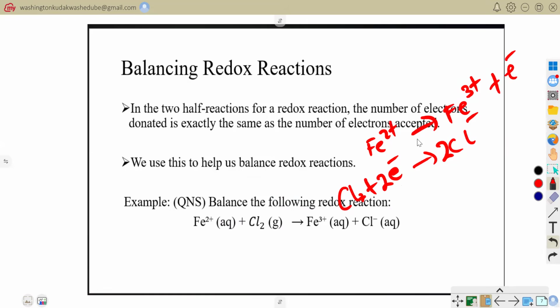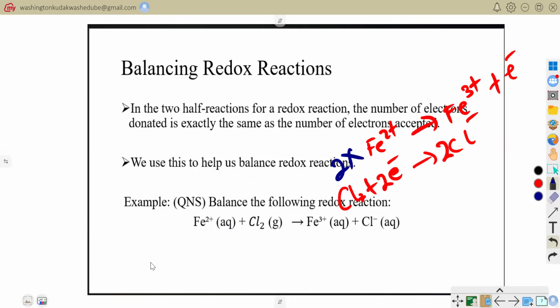So now we have got these half reactions. But you would see that the number of electrons being gained by chlorine are more than the number of electrons being lost by iron. So we now need to balance electrons here. What do we do? We can come and actually get what? To multiply by 2. So that at the end of the day, we'll be having 2 electrons being lost by iron.